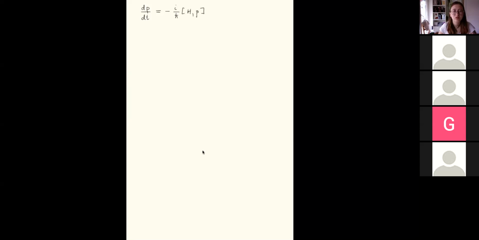So this is essentially, you have probably already seen this equation. And this equation essentially tells us how the state rho of a system evolves if we know the Hamiltonian which governs the system. Okay, so this was kind of easy.